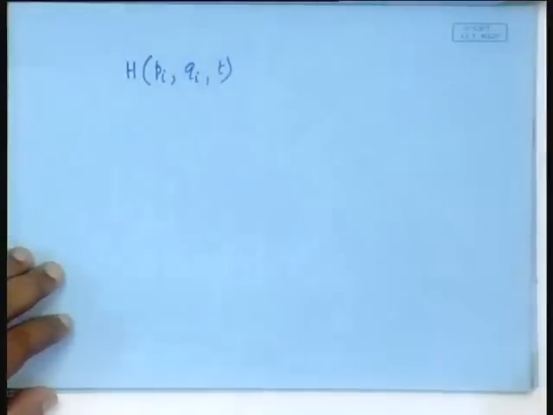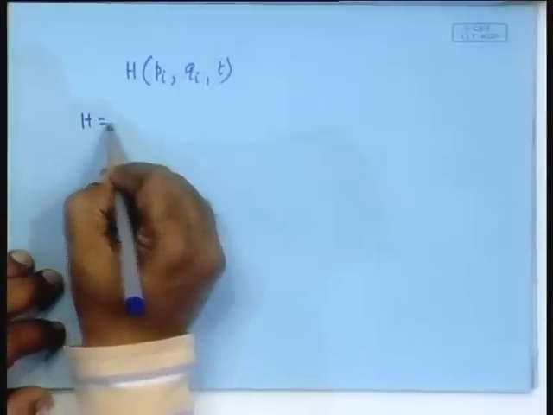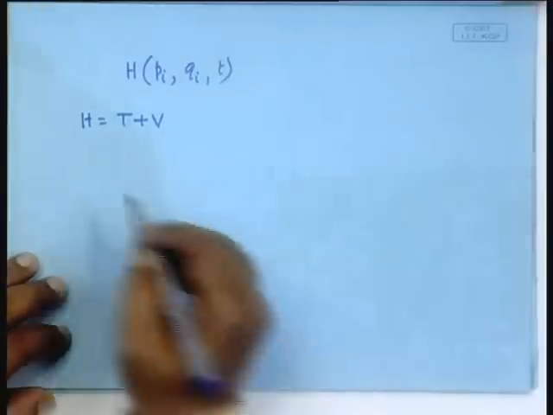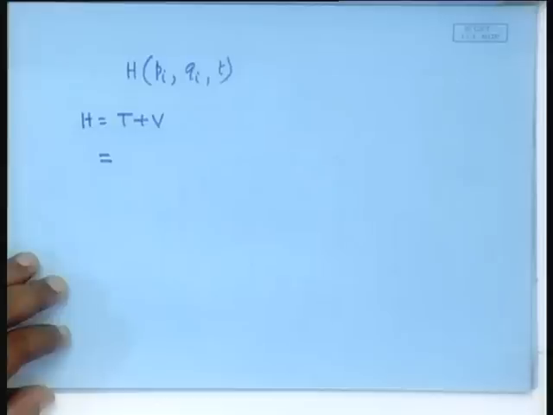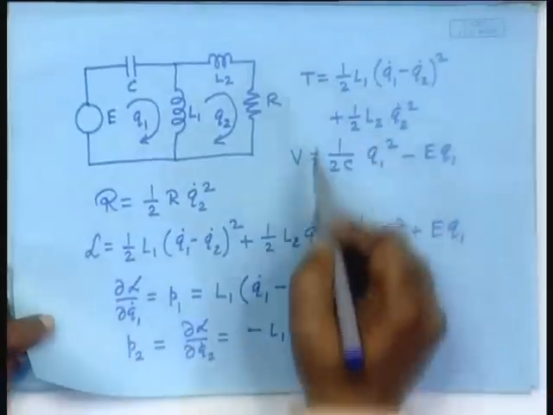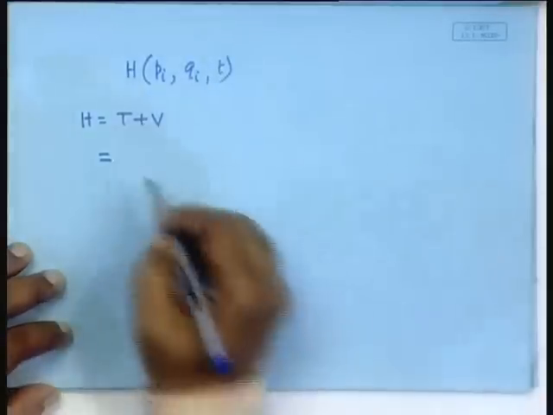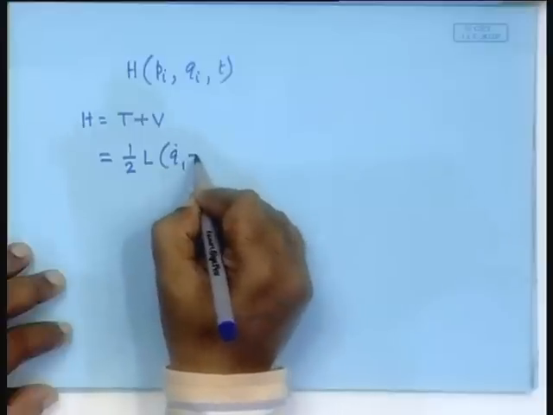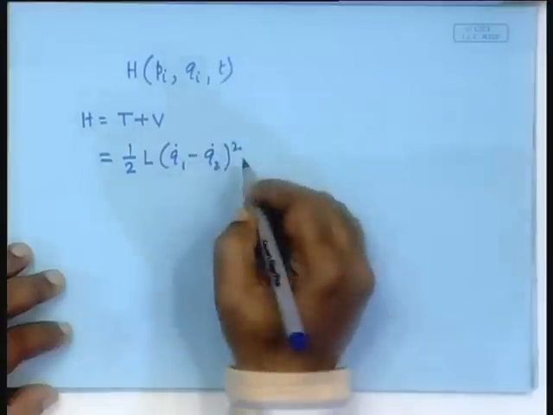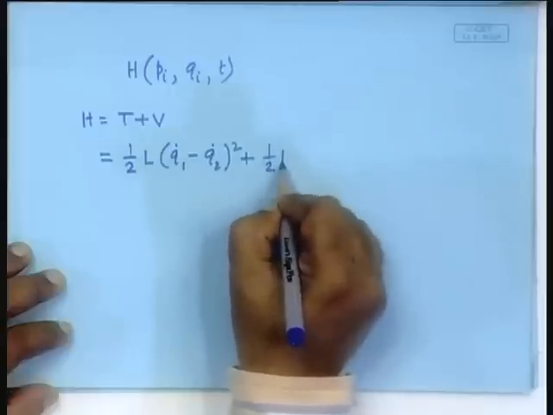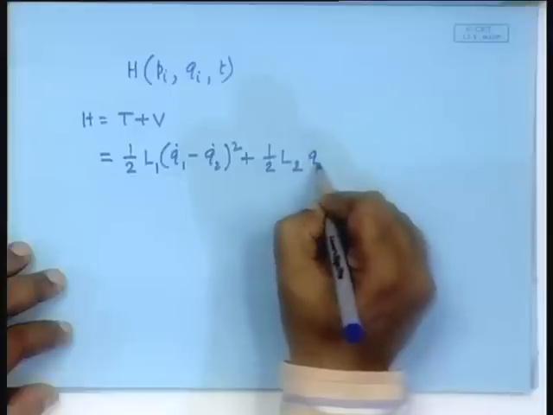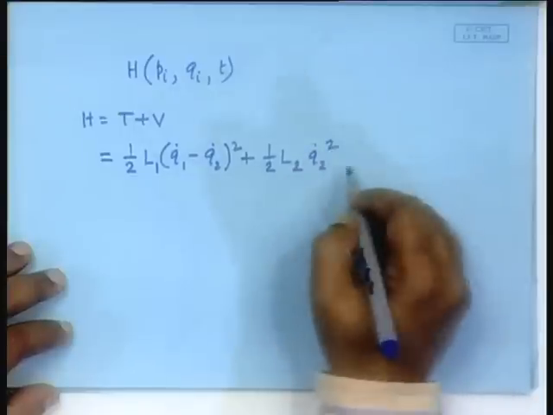In this particular example, H is T plus V, and let us write down T plus V first using the expressions for T and V that we have already written. We will say half L1 (Q1 dot minus Q2 dot) square plus half L2 Q2 dot square, and the other terms will now be plus.